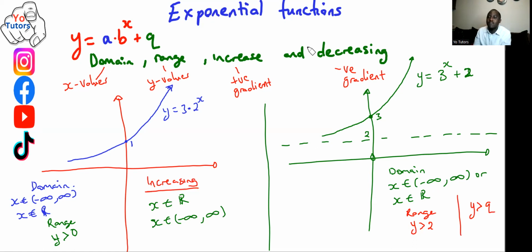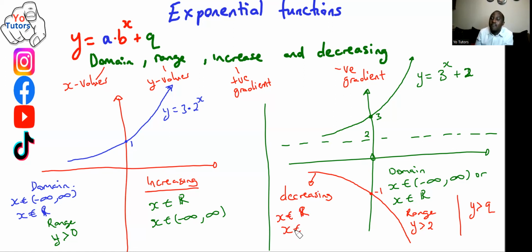Let's just talk of something like, maybe if the graph was like this. Let's say here is 1, -1. In this case, we are saying it's going to be decreasing, again for x element of real numbers, or we can say x element of negative infinity to positive infinity.